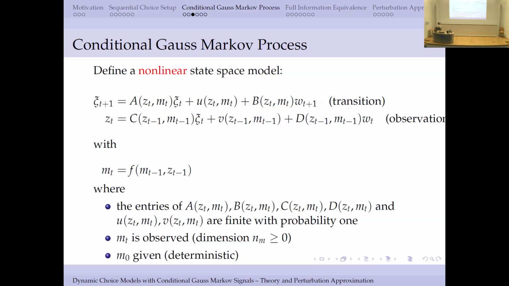What are the restrictions that we need to put on these objects, given that they're now random objects? Well, we need them to be finite with probability 1. So we don't want things to explode for some values of Z or M. This M, again, is something that has to be observed. It potentially disappears from the model.